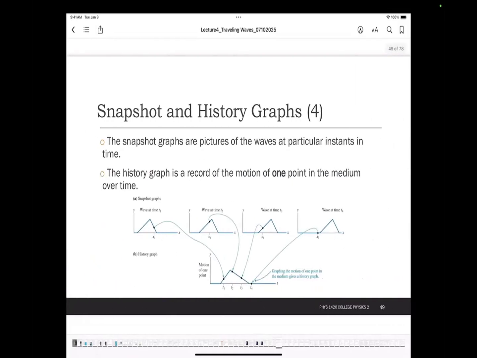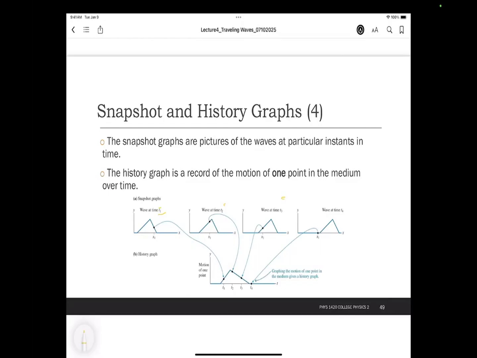Okay. The snapshot graphs are pictures of the waves at a particular instance in time, like a specific time, like T1, what does the wave look like? T2, what does it look like? T3, T4.